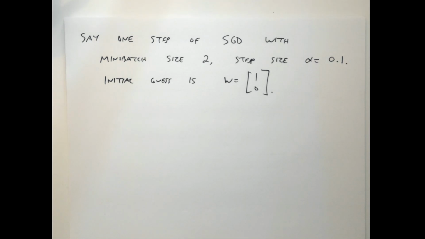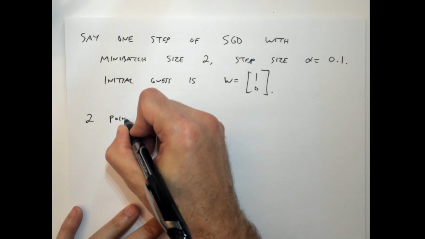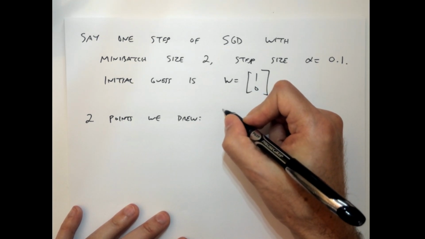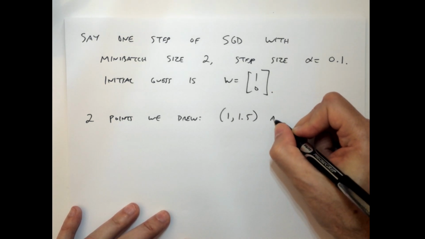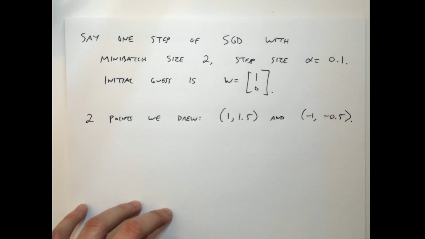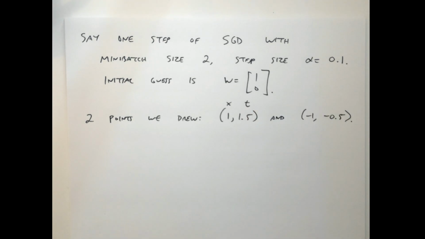So now let's suppose I draw 2 random points out of the bag. The 2 points we draw, let's suppose that they are 1, 1.5 and minus 1, minus 0.5. Like this is the x and this is the target. Okay, so what are we going to do?